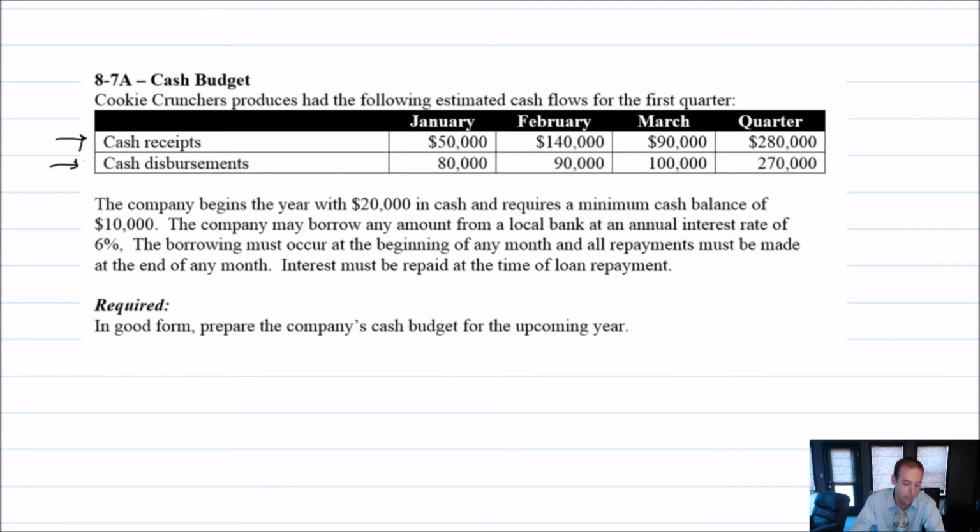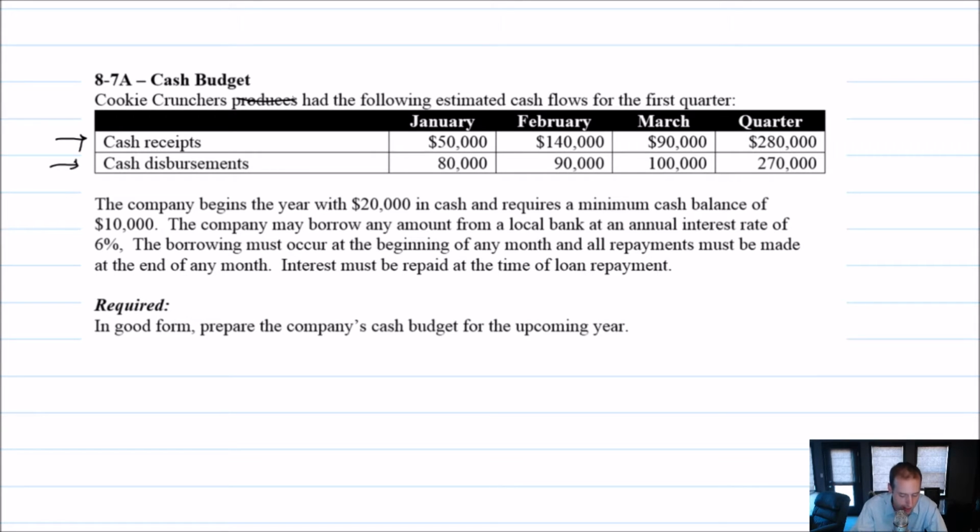So let's do it. Cookie Crunchers had the following estimated cash flows for the first quarter, and there's some cash receipts and cash disbursements. Fair enough. The company begins the year with $20,000 in cash and requires a minimum cash balance of 10 grand. So they don't feel comfortable if they don't have 10 grand in the bank in case something goes wrong, right?